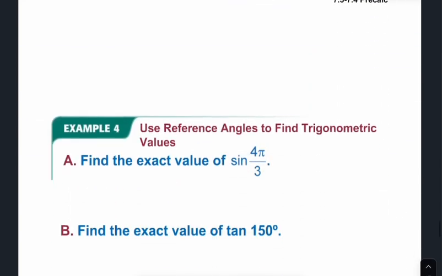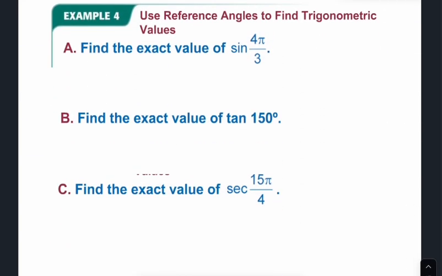Okay. So let's use our unit circle for the first time. How do we find these things? I've kind of been mentioning them as we go. They say to find the exact value of the sine of 4 pi over 3. Now remember, pi over 3 was 60. 4 pi over 3 is 240.